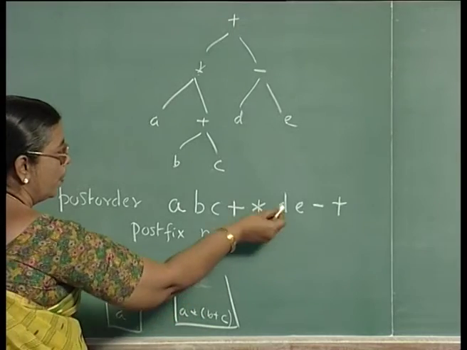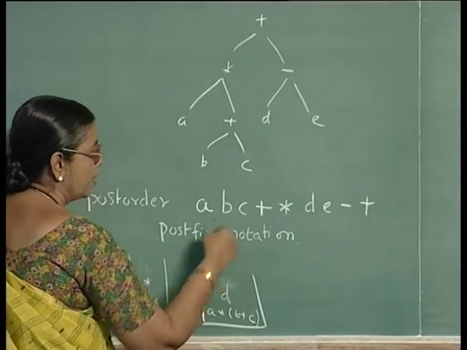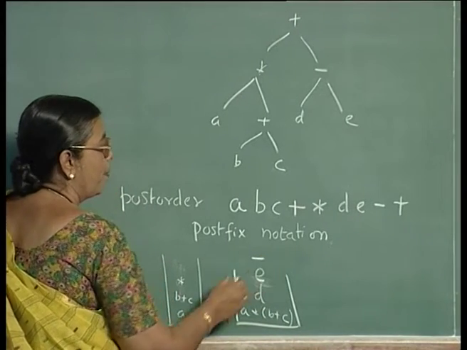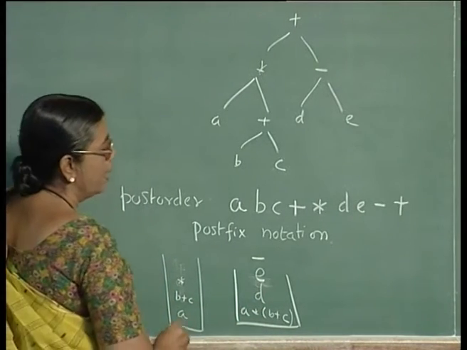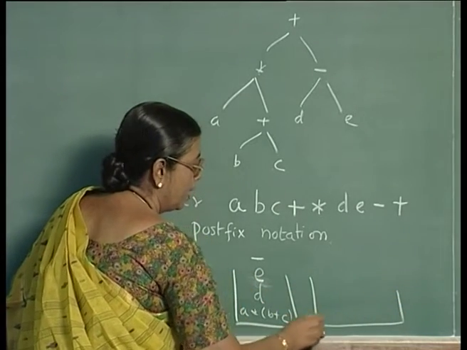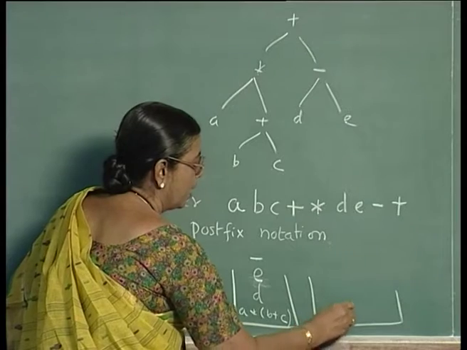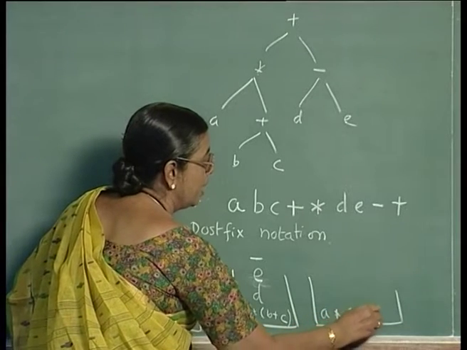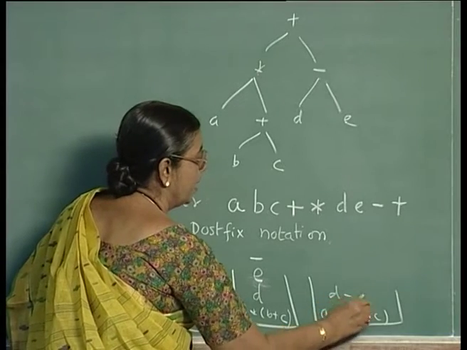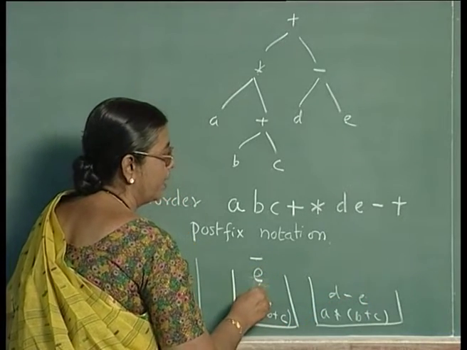then you transfer D to the stack, transfer E, then the operator minus comes, it operates on these two and you get A star B plus C, then you get D minus E, this operator operated on this.